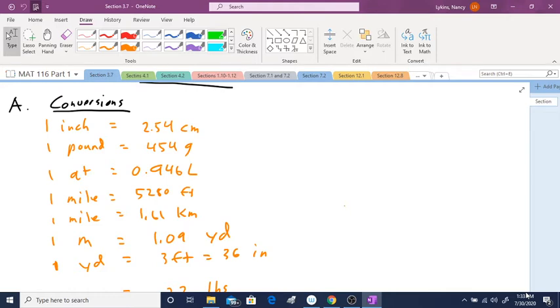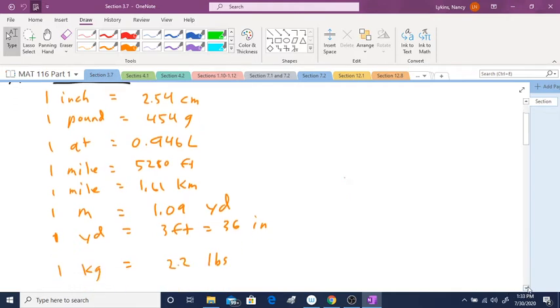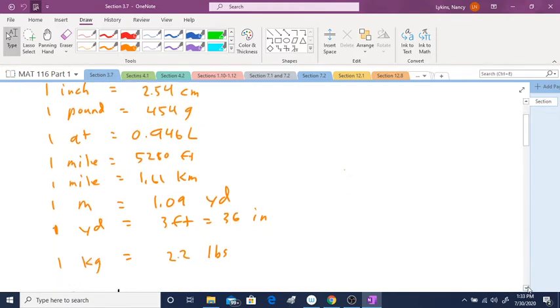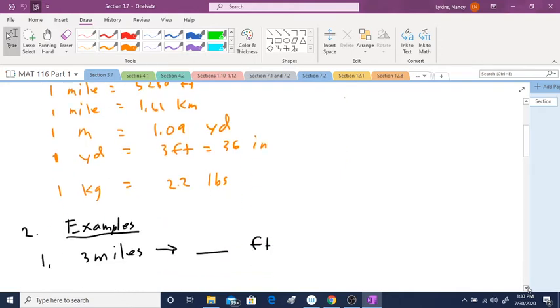Also, 1 pound is 16 ounces as well. When you scroll down here, 1 kilogram is 2.2 pounds. Now, conversions can mean, okay, if you have 3 miles, how many feet?